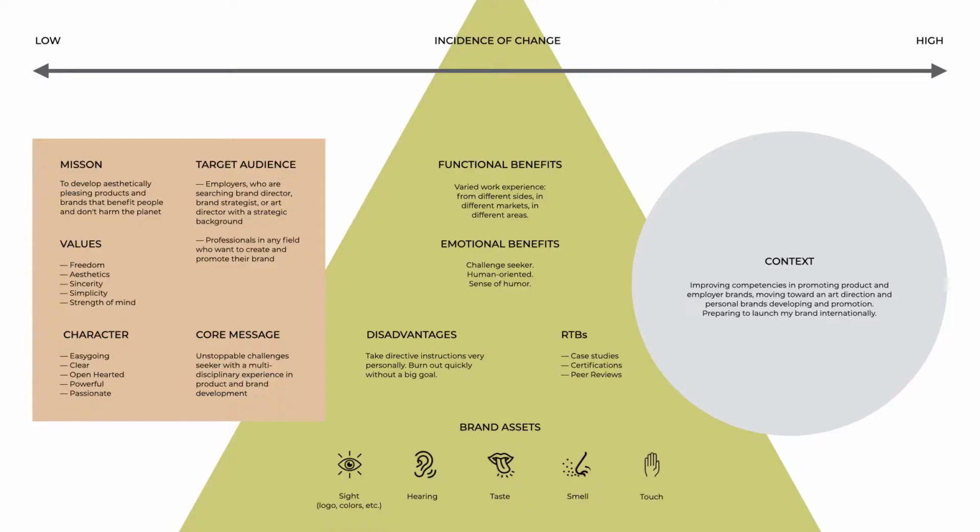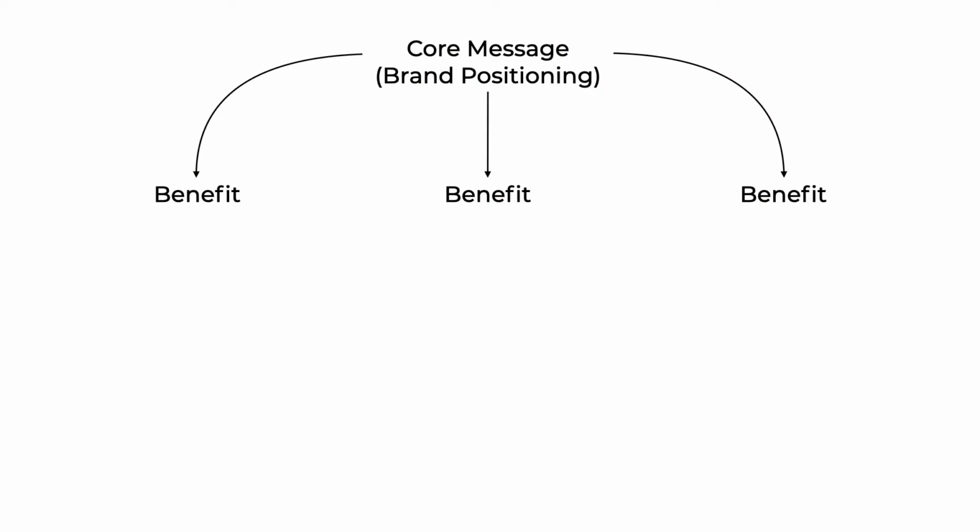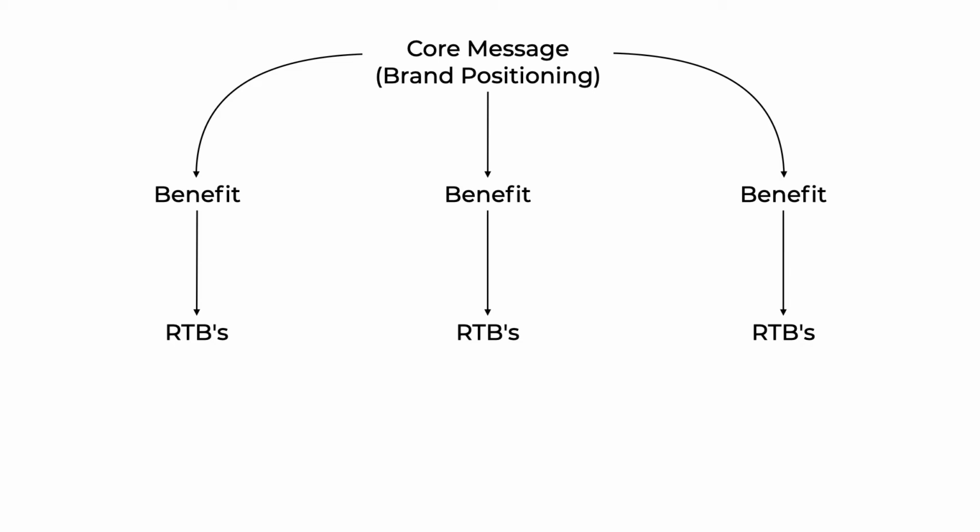If you saw my previous videos, you know that brand professionals base their messages on the special framework that is called a brand platform. And there is a certain logic that we use when we want to deliver any message to our target audience. On the top of that logic cake stands the core message, or brand positioning. Then we broadcast brand or product benefits, which we reinforce by reasons to believe.